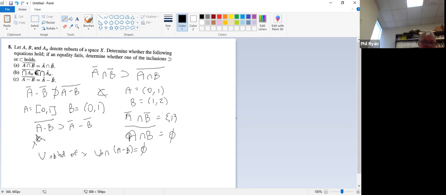But if x was in the closure of A, then U intersected A would not be empty. So U intersected with B would be non-empty because we'd have to cancel out. So if x is in the closure of A, x would have to be in the closure of B. And so x would not be in A closure minus B closure. So if anything is not in here, it can't be in there. So that means if x is in there, it has to be in there.